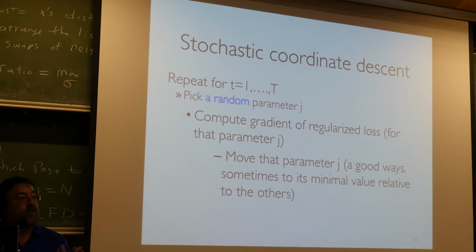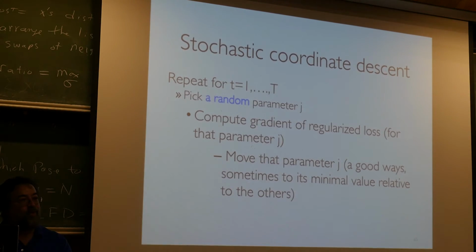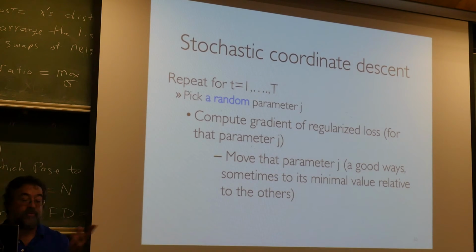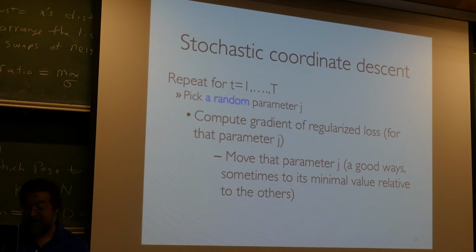There's also a cool way of parallelizing it. If we're going to parallelize SGD, we take a bunch of examples, do a gradient computation for each of those examples independently, and then aggregate those gradients and move.